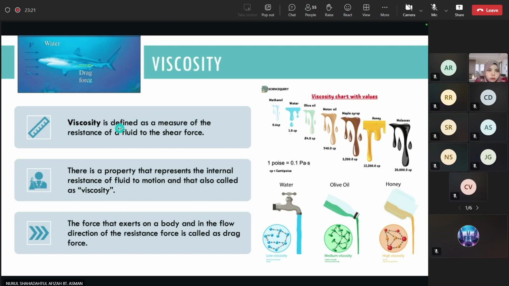This is the definition of viscosity. It is a measure of resistance of fluid to the shear force. It is a property that represents the internal resistance of fluid to motion. And the force that is exerted on a body in the flow direction, the resistant force, is called drag force.